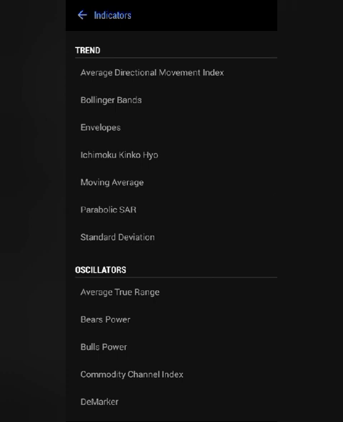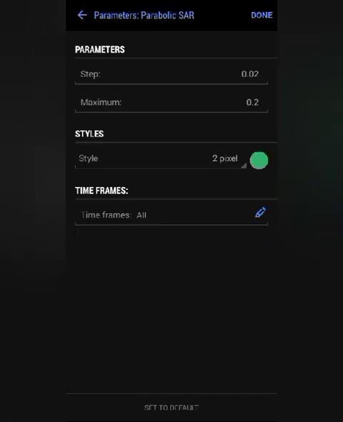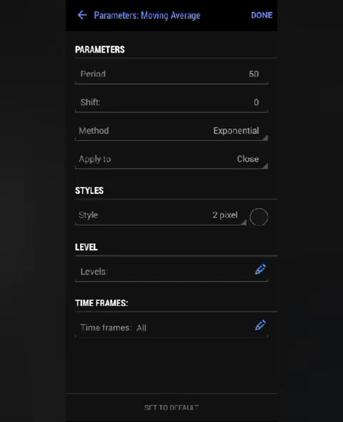Now you see indicators, you see trend, the trend indicators. As you move down, moving average, you select the moving average. Let us take the period as 50. You put the period to 50. Shift, you put it to 0. Method, exponential. Make sure it is exponential.